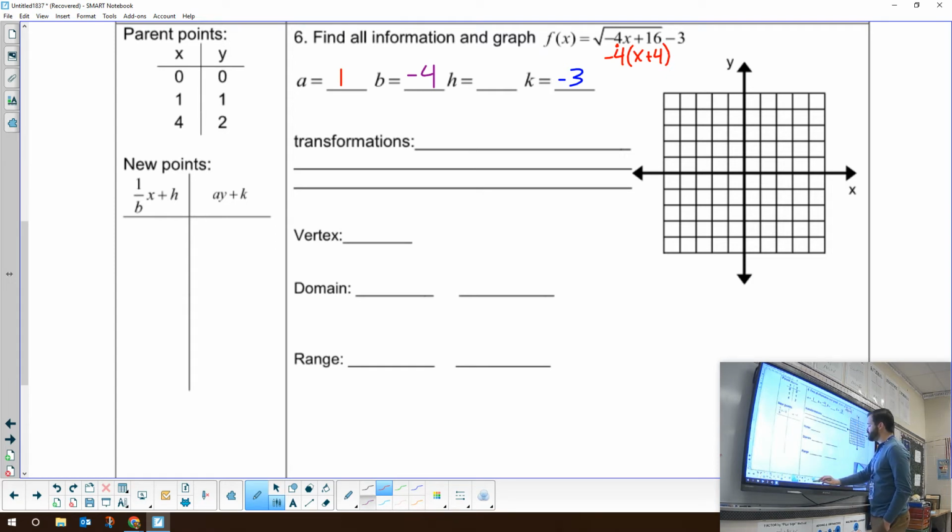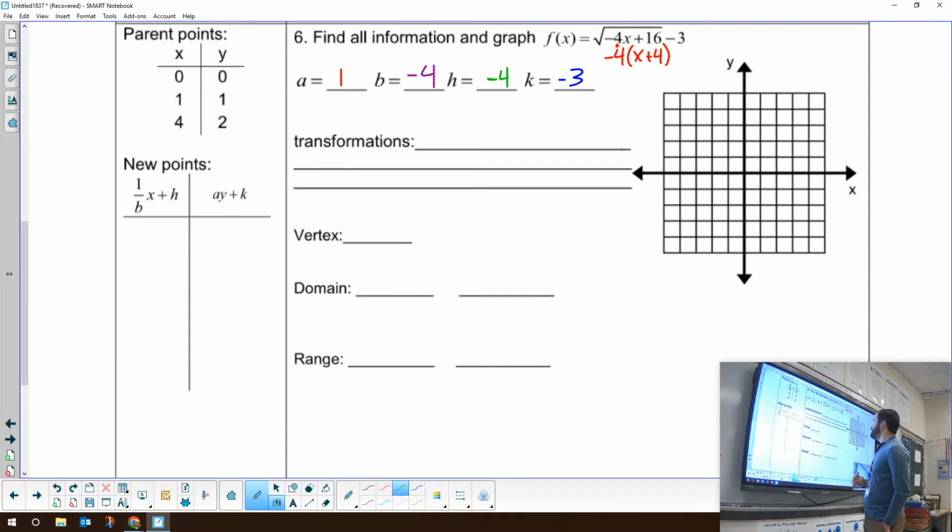So just trust me on this one. You're not really going to see one like this on your skill builder, but your H is just going to be -4. Okay, so we're going to have an H of -4. Okay, forgot to put those parentheses in. So there we go. So we're going to have an H of -4.